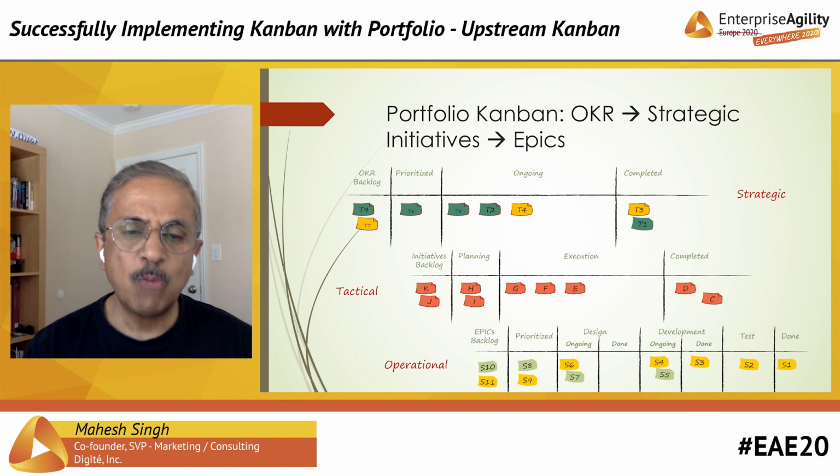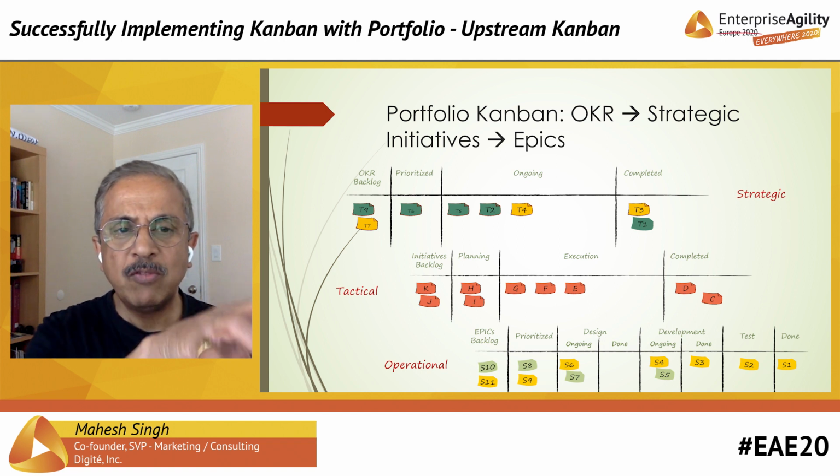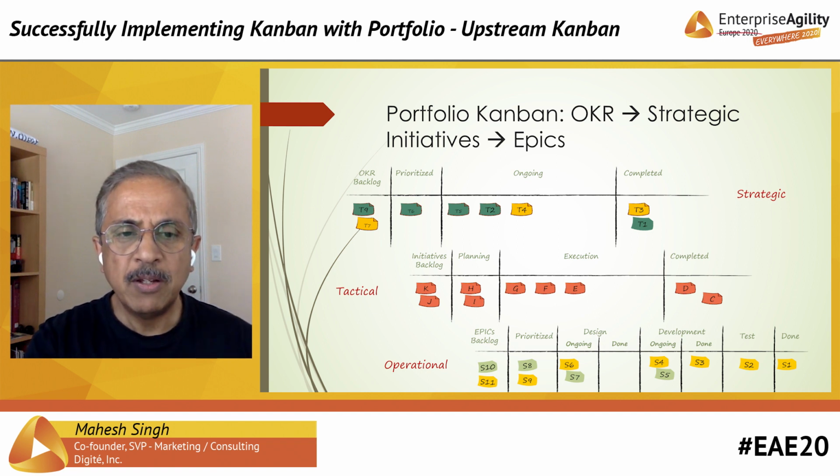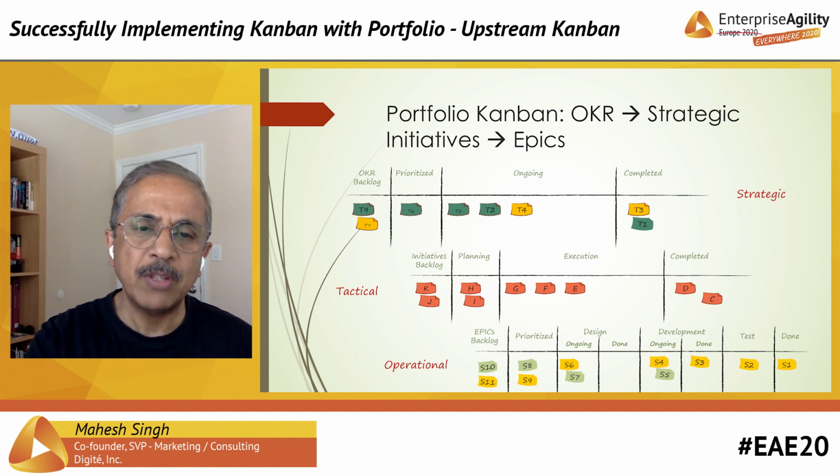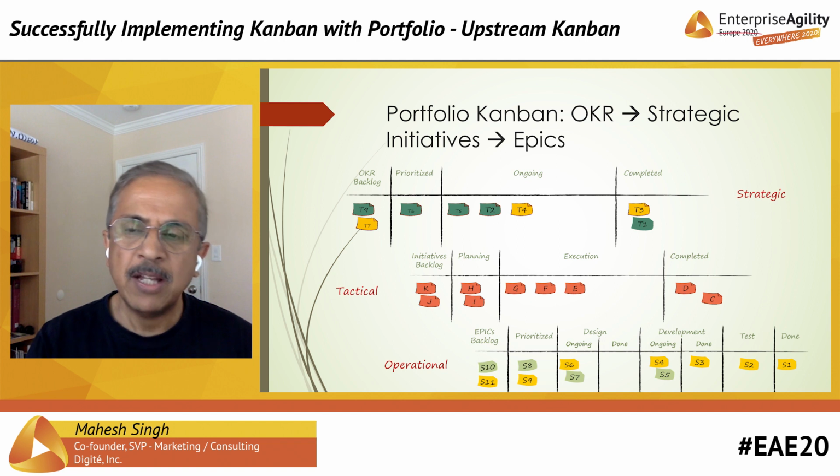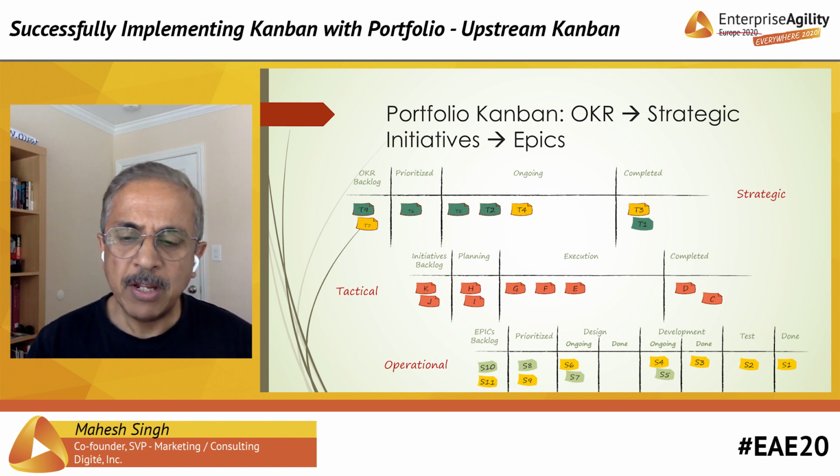And then at the lowermost level, the epic level, you might have a more detailed workflow where you're tracking the definition, prioritization, and completion of these initiatives. All of these are connected with each other, where specific OKRs are tracked through specific strategic initiatives, and each of those initiatives will have one or more epics being worked on by different teams in order to complete those initiatives.